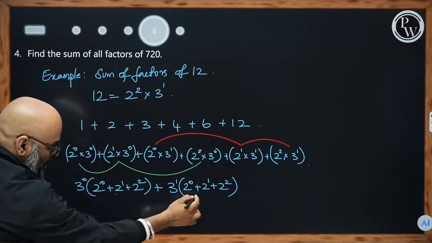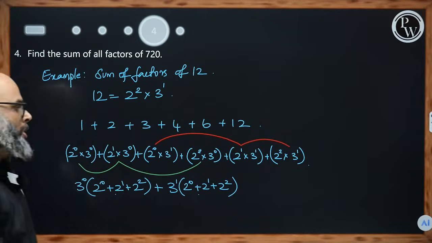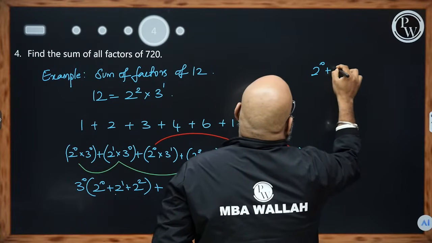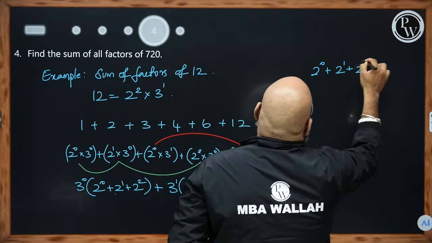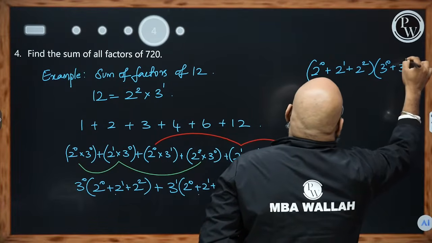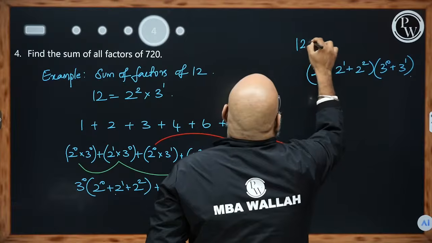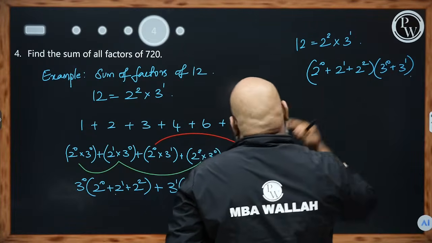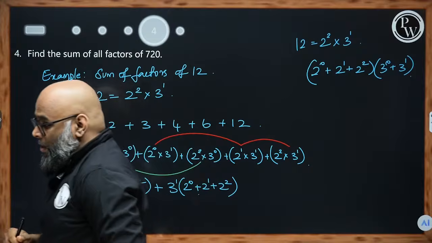Now we can take this common out from both these expressions. You will get (2 power 0 plus 2 power 1 plus 2 power 2) into (3 power 0 plus 3 power 1). Now 12 is written as 2 square into 3 power 1, and the sum of the factors is this.